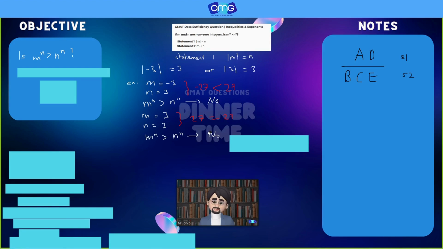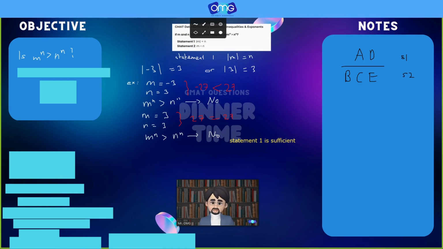No. So whatever the scenario, the answer will be less than or equal, and the answer is always no, not greater than. So statement 1 is sufficient because it gives one answer, which is no. Since statement 1 is sufficient, the answer is either A or D.